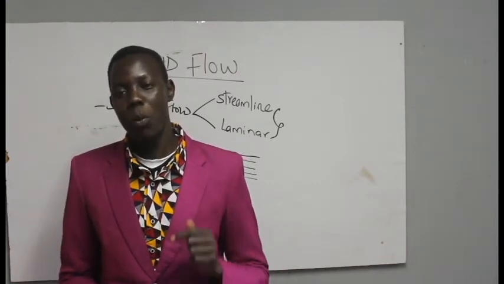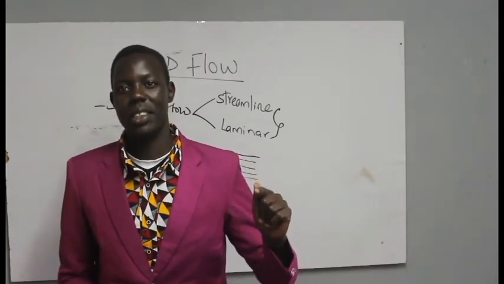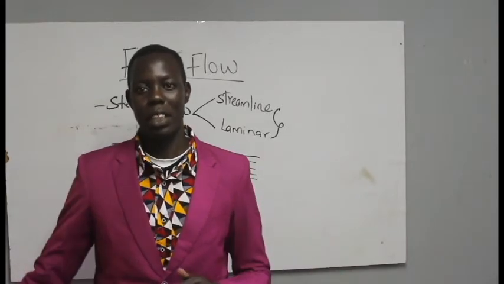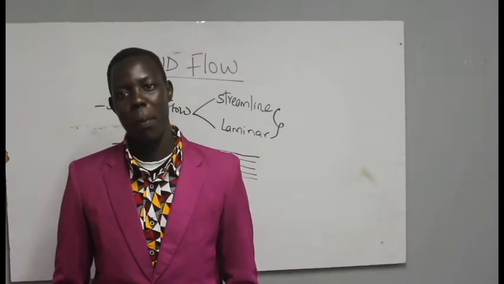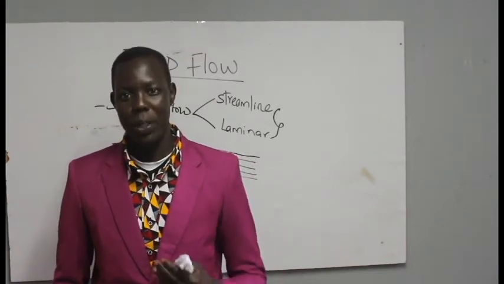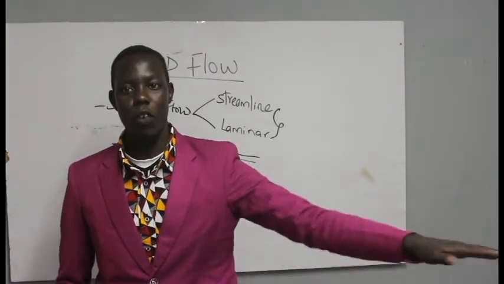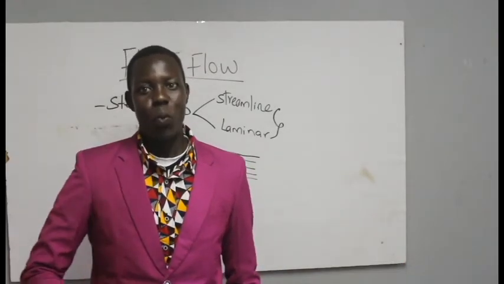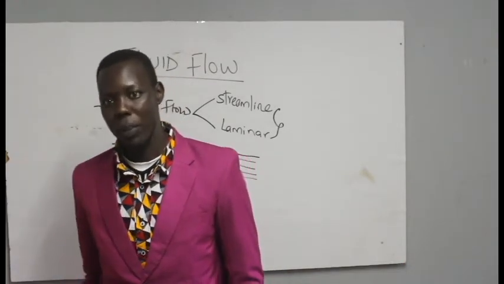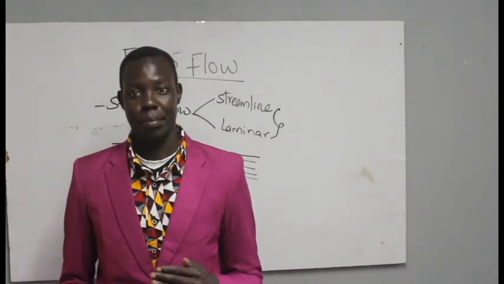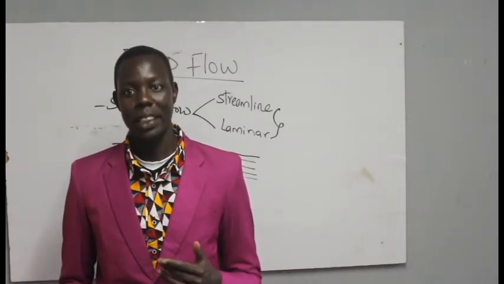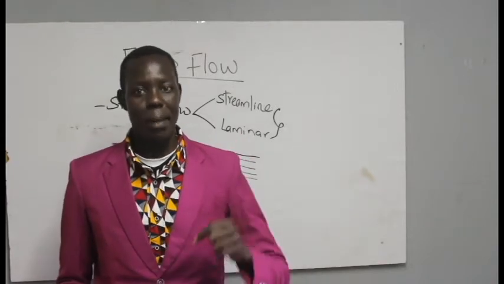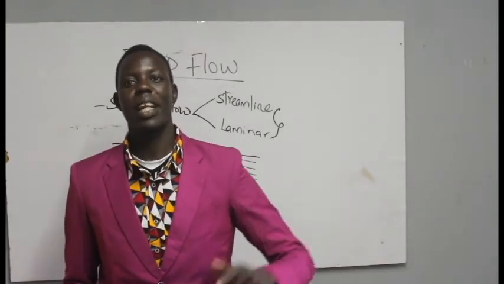Now, if a body moves in a fluid, it causes a flow, and the type of flow depends on that body. For example, a streamlined body will cause a streamlined flow. A body that is not streamlined will cause a turbulent flow. That is why objects like aeroplanes, which are moving in a fluid, air, are streamlined so that they can cause a streamlined flow.